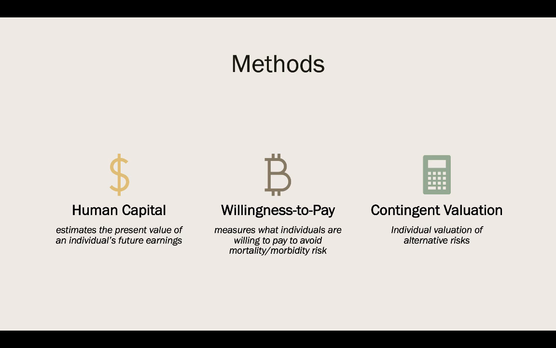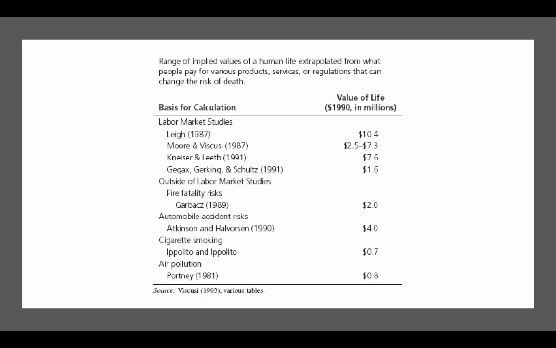It's a 90% or an 80% or a 50% probability that you will develop congestive heart failure. What are you willing to pay to avoid those different probability, different risk levels?